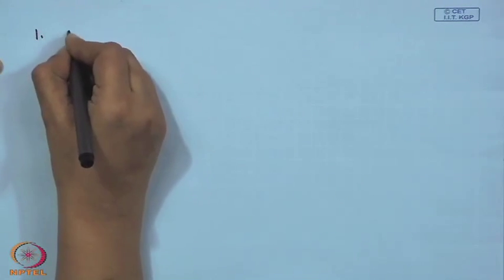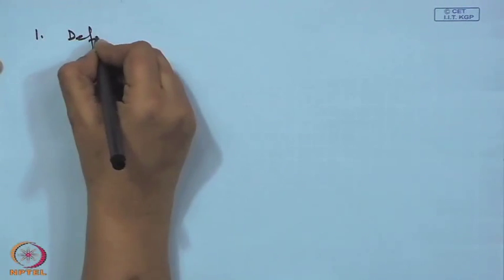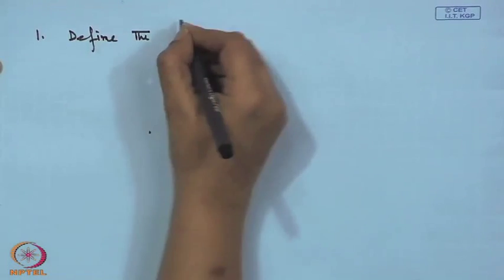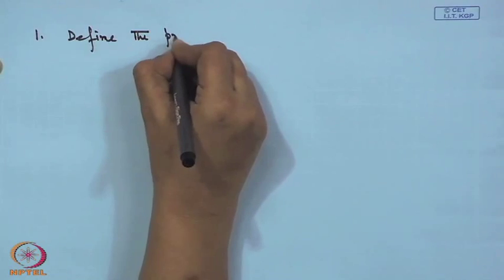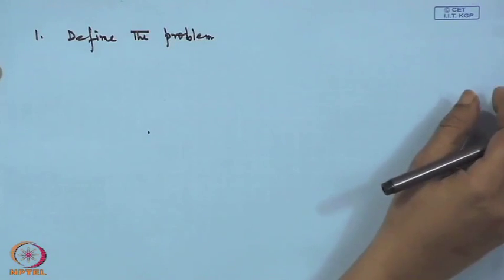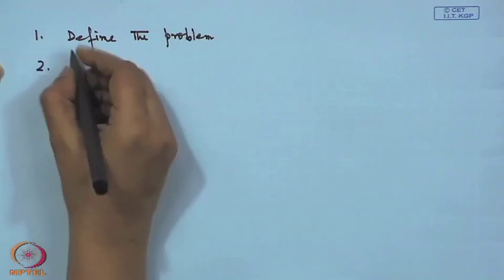Thus, formally we can summarize the dynamic programming process as this one. The first step is to define the problem, which means specifying the objective function and the constraint, that is our problem.